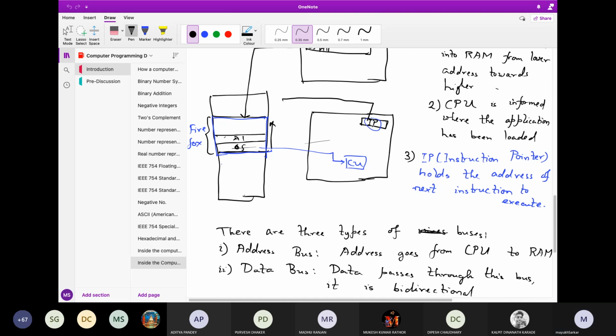Now, once the application has been loaded, the instruction pointer is also loaded with the address of the first instruction. So the CPU, on its next cycle, means, if you can remember, I discussed a concept of clock.